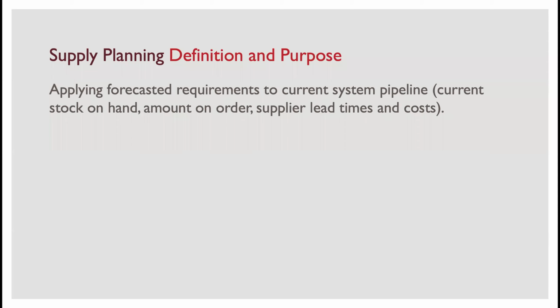So here's the basic definition of supply planning that we can adopt for our purposes. We will consider supply planning to be applying, as Greg said, those forecasted requirements to our current system pipeline, taking into account the current stock on hand, any amounts on order, and supplier lead time and costs.